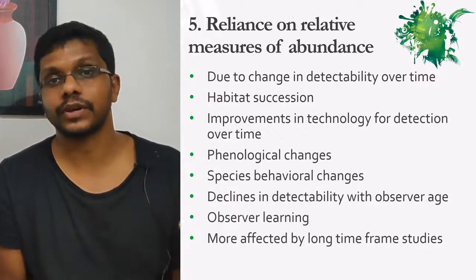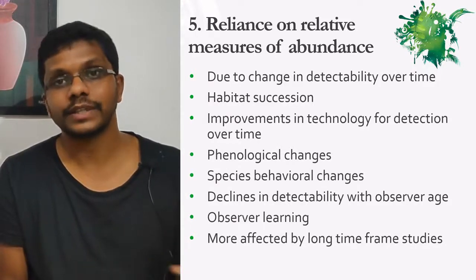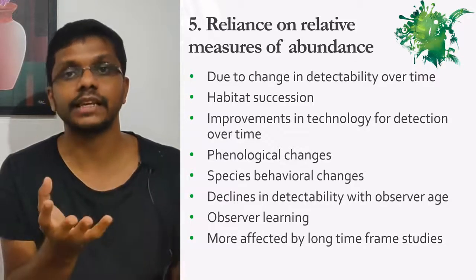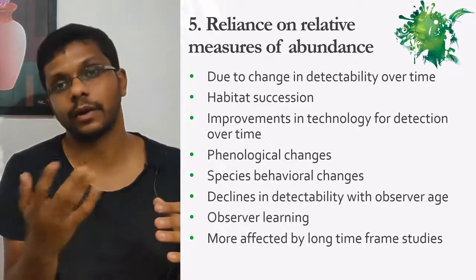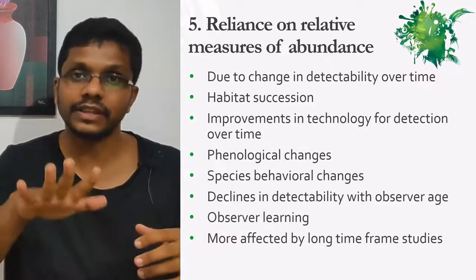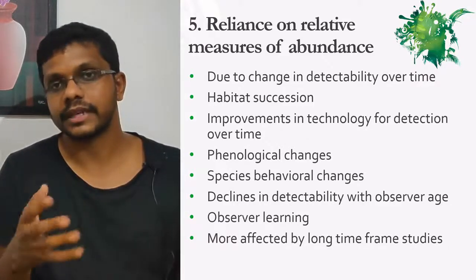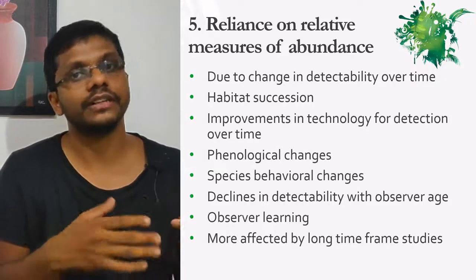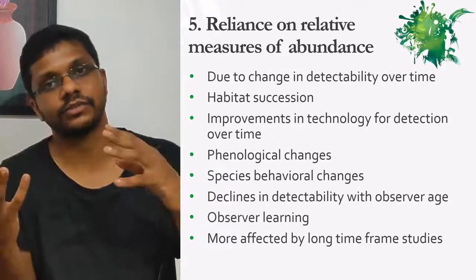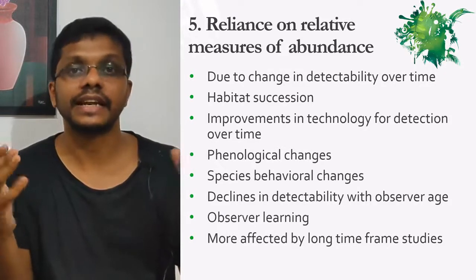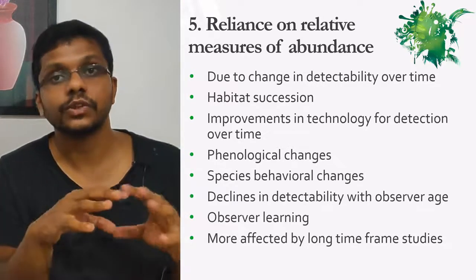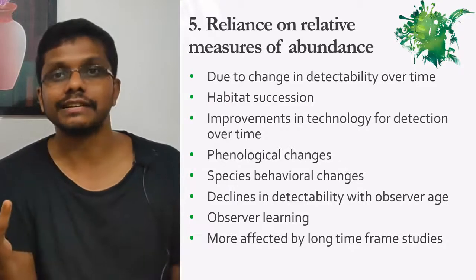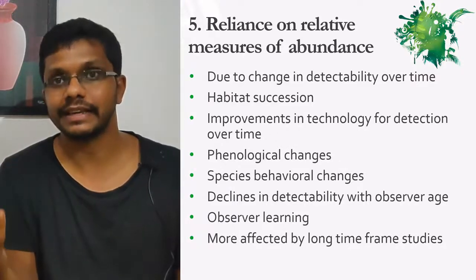Previously, the number of tigers was counted based on the characteristics of their footprints. But now we have camera traps, high resolution photography, imaging techniques using drones, or acoustic methods. If you are using those methods, the detectability will increase. The chance of detecting an animal will be increasing.